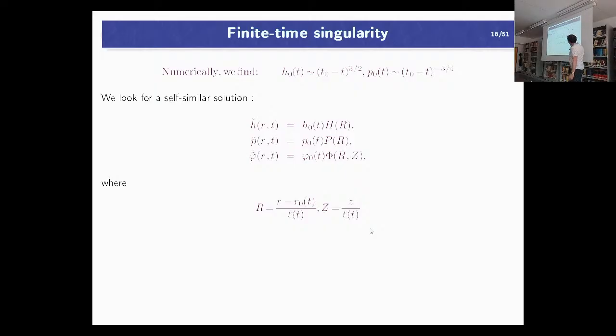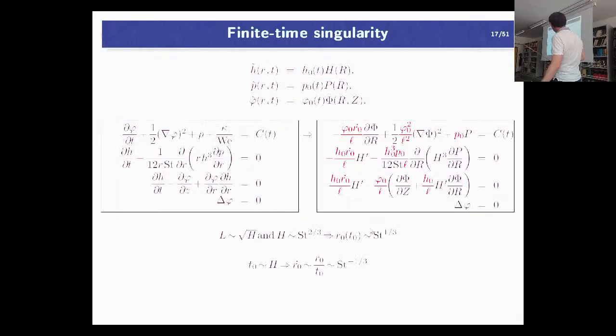So if we make the hypothesis that we can use a self-similar ansatz, saying that we rescale R and Z by their typical horizontal and vertical lengths, the same locally, and so we suppose that we have a self-similar ansatz in the region where it's going to touch the solid. Then if we put this ansatz into the equations, we obtain the following equations, which look a bit complex.